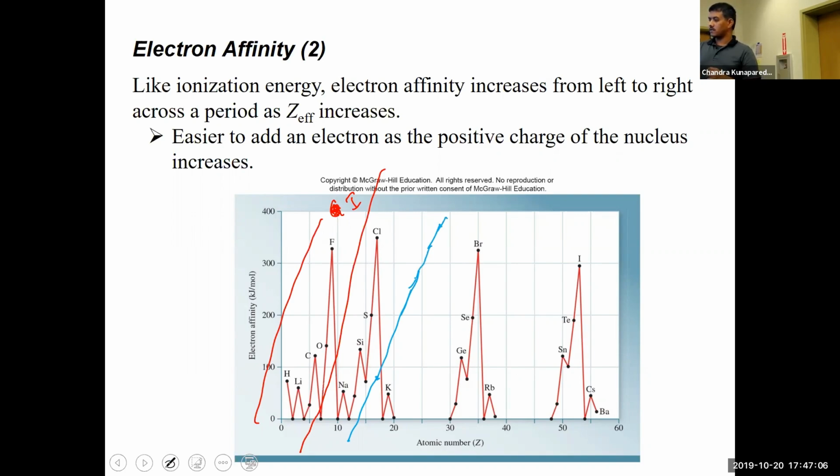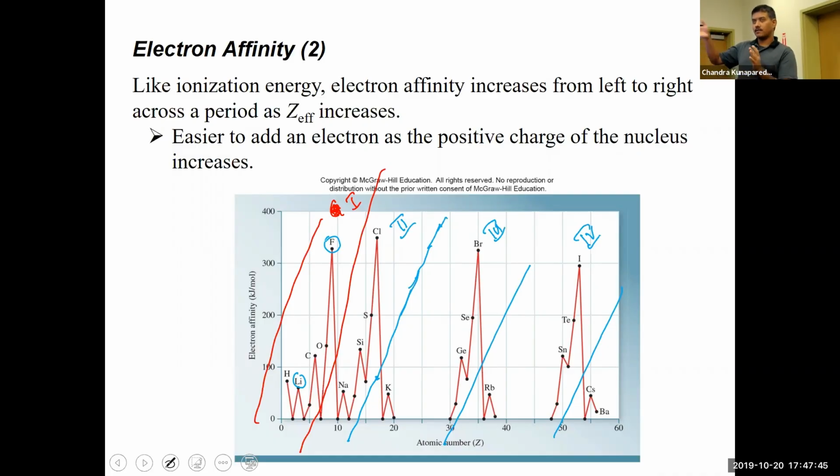This is for row 2 and some more elements until 3, 4. At least you can see that from left to right, for example, lithium to fluorine, electron affinity is increasing, which means the farther right an element is in the periodic table, the more likely it is to accept the extra electron. One of the reasons is that if it accepts the electron, it is going to receive the noble gas electronic configuration.